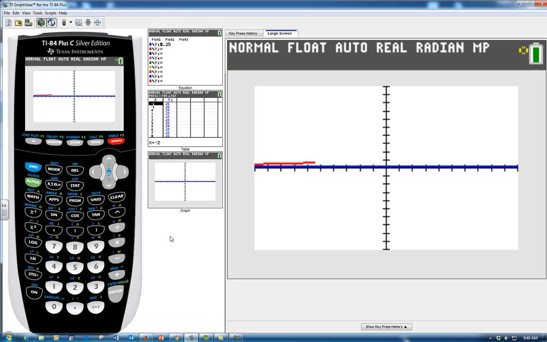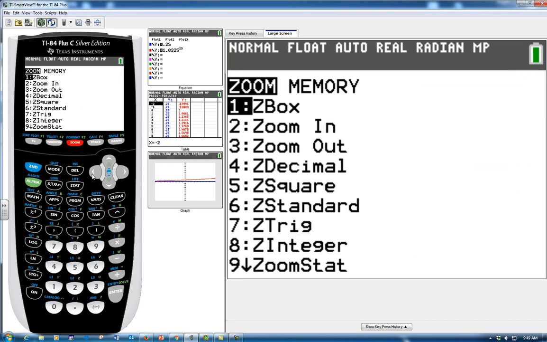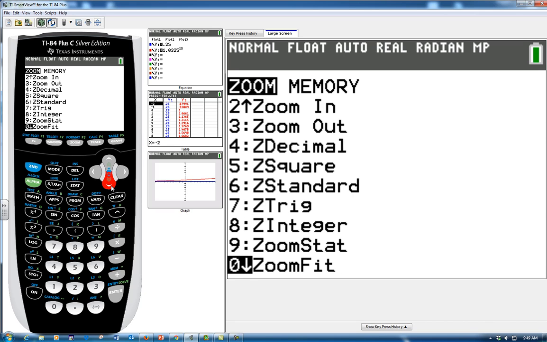Now, on the calculator, as long as you can see where it intersects, the calculator will find it for you. So after it finishes graphing, what you want to do is hit zoom, and then go into standard, or you can also go into zoom fit.